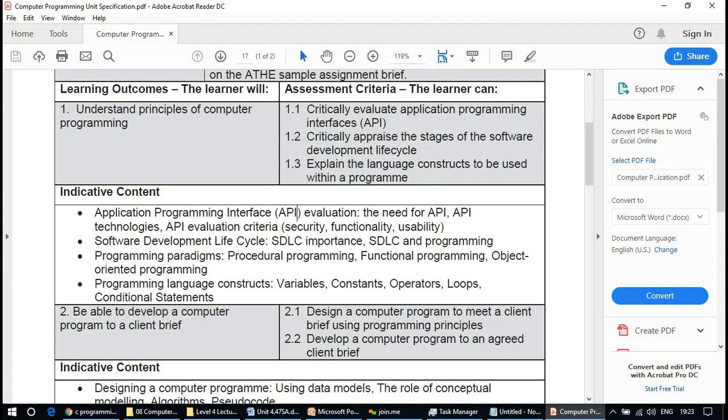a bridge in order to communicate between two platforms, two devices of different types. Application programming interface basically would work as a bridge so that any data can travel between two different, maybe similar or heterogeneous, platforms, devices, or anything.